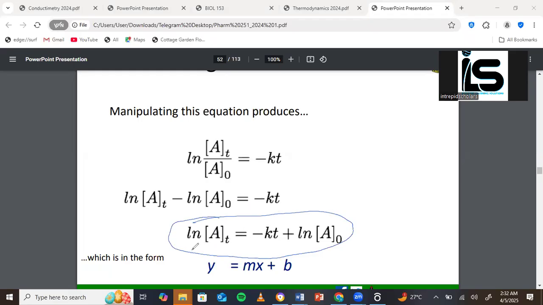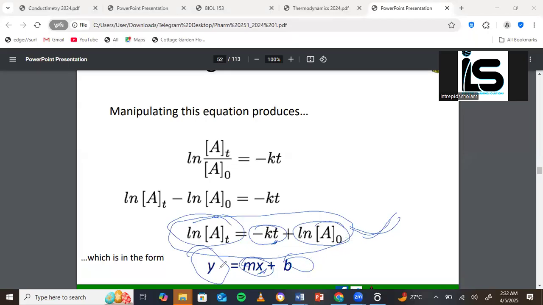If we rearrange the equation to this form, the whole of this can be used to represent y. The mx here will be used to represent this one, the negative kt. The x here is the t, right? Now the b here can be the ln of A naught, that is the intercept.